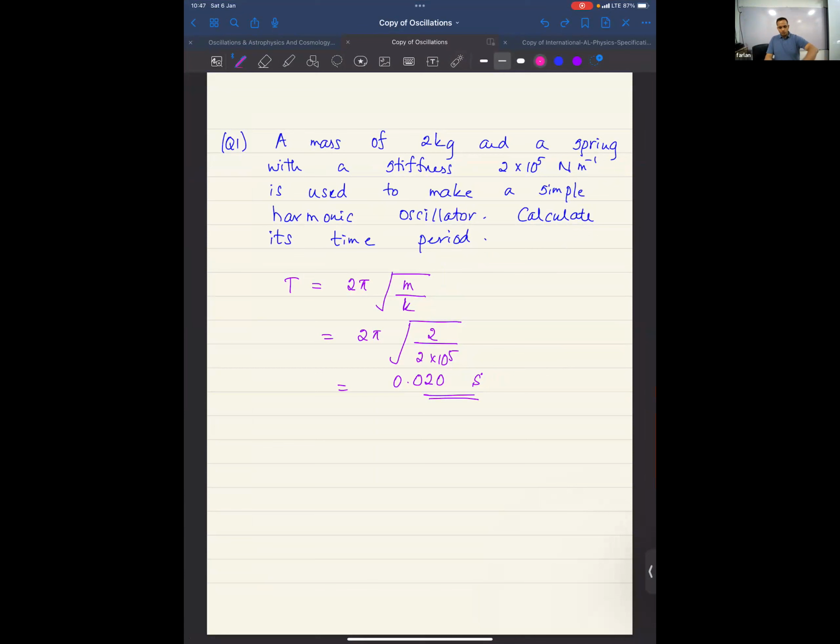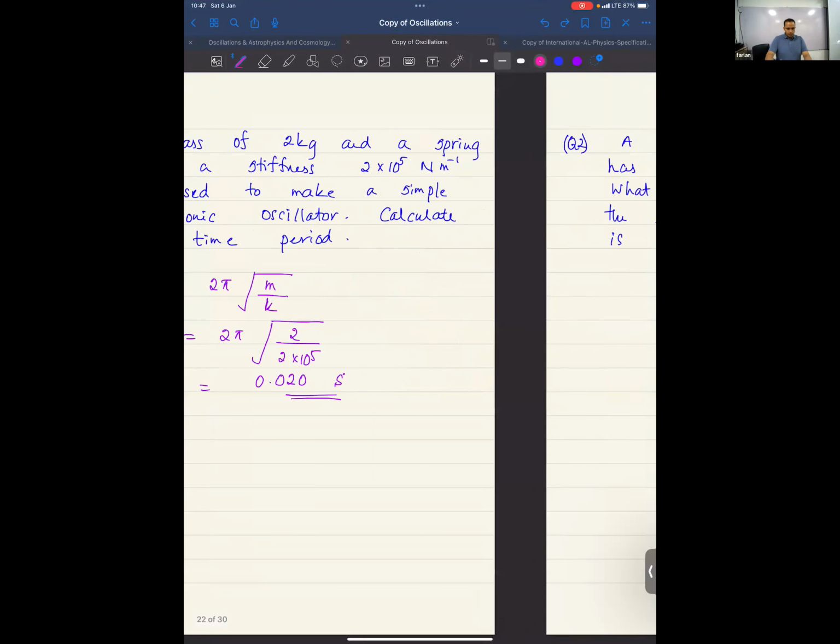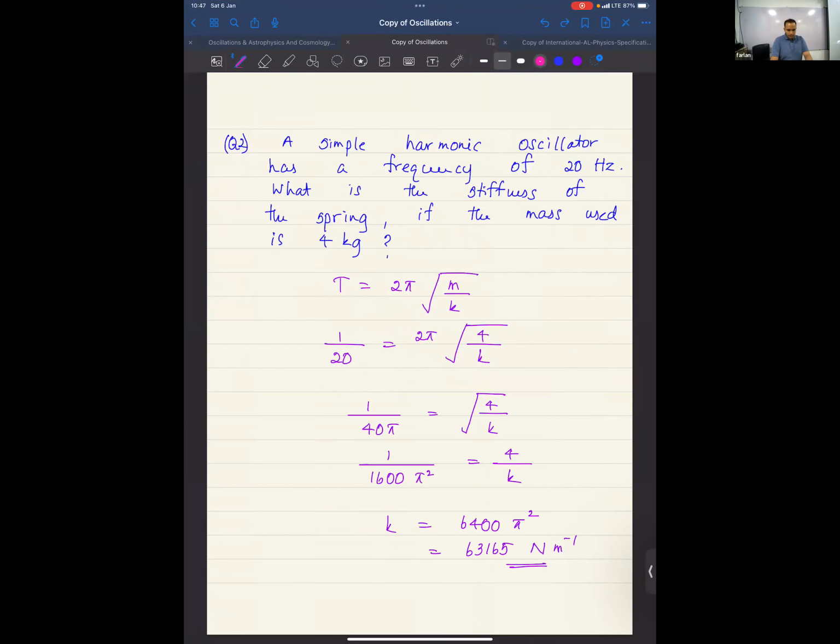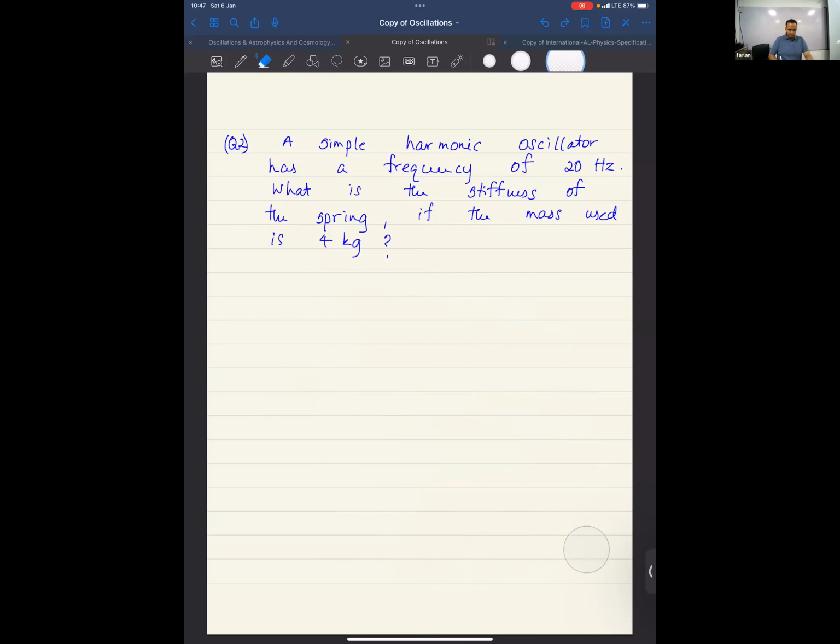Right, question 2. A simple harmonic oscillator has a frequency of 20 hertz.